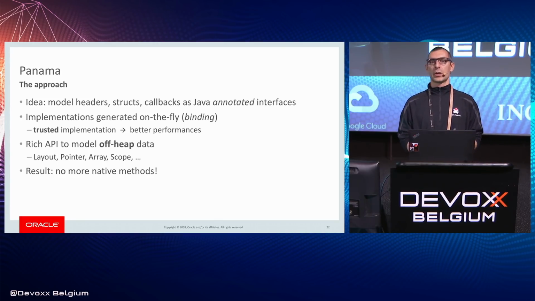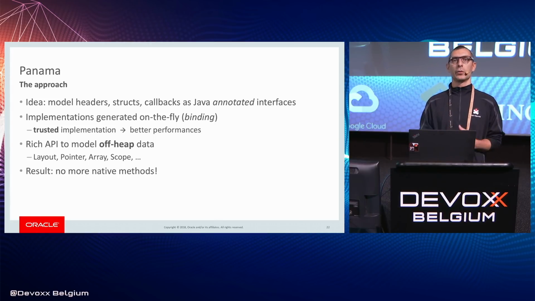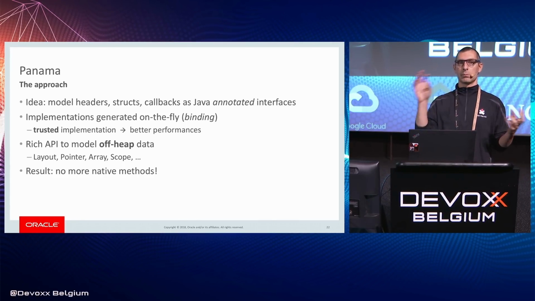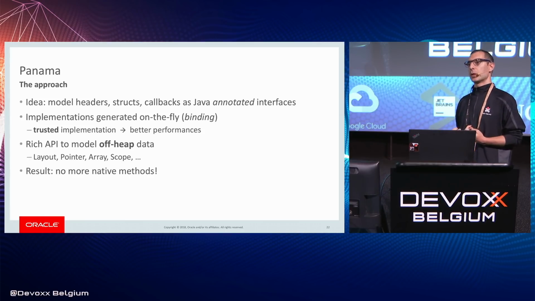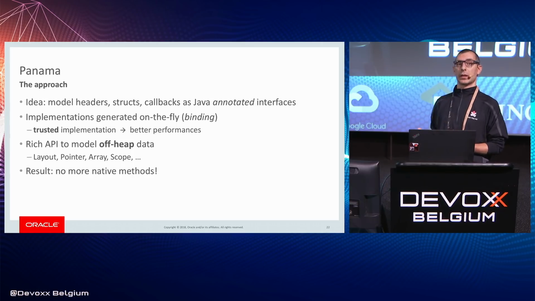And then we are going to generate the implementation on the fly by using a runtime component that in Panama is called the binder. So the binder takes an interface with some metadata, generates an implementation, and then you can start just using it. And since this implementation is generated by the JDK, it can be trusted by the VM. And that's where the performance benefit comes from.